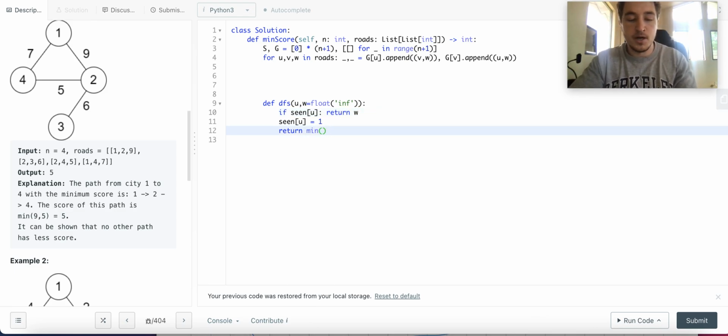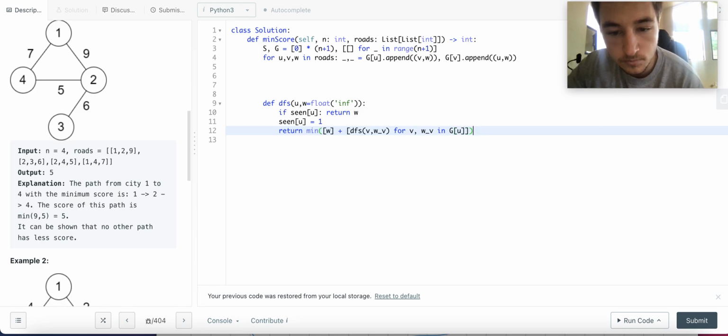So we want to take the minimum of W of the path going in here, plus DFS for each neighbor V and the cost of going to V, the weight of V in the graph at node U. This gives us the minimum of the cost to get to this node and any node I can reach in the system. This will ensure we don't do loops.